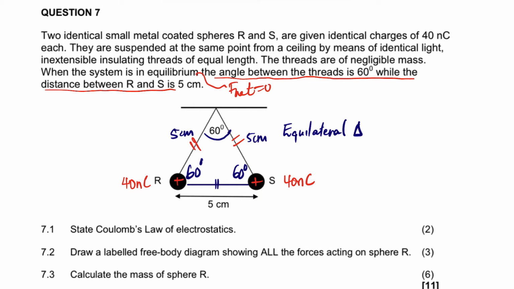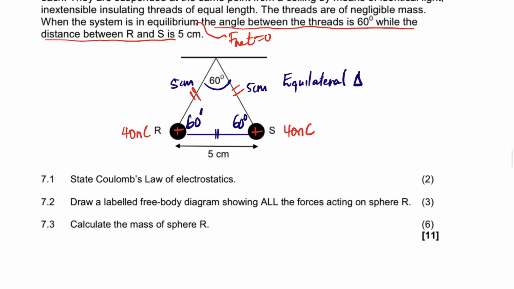That's not the point. Now guys, it says state Coulomb's law. We know Coulomb's law. And then it says draw a labelled free body diagram showing all the forces acting on sphere R. So our interest is here.